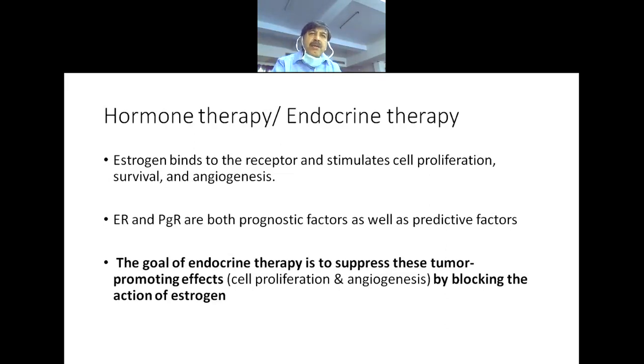So estrogens increase the size of the tumor. Here the goal of endocrine therapy is to suppress these tumor-promoting effects, that is, to block the proliferation and angiogenesis in the tumor by blocking the action of the estrogen.